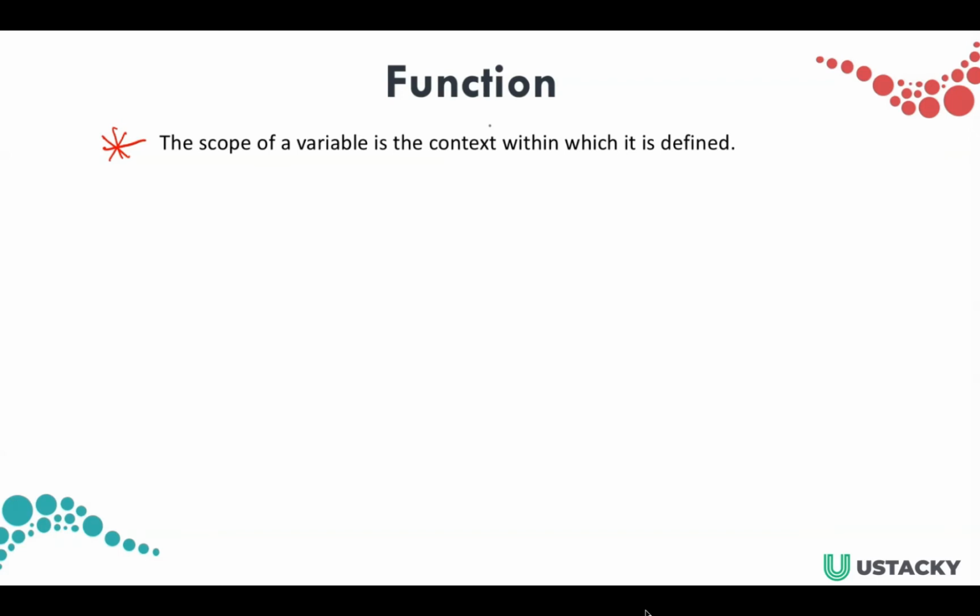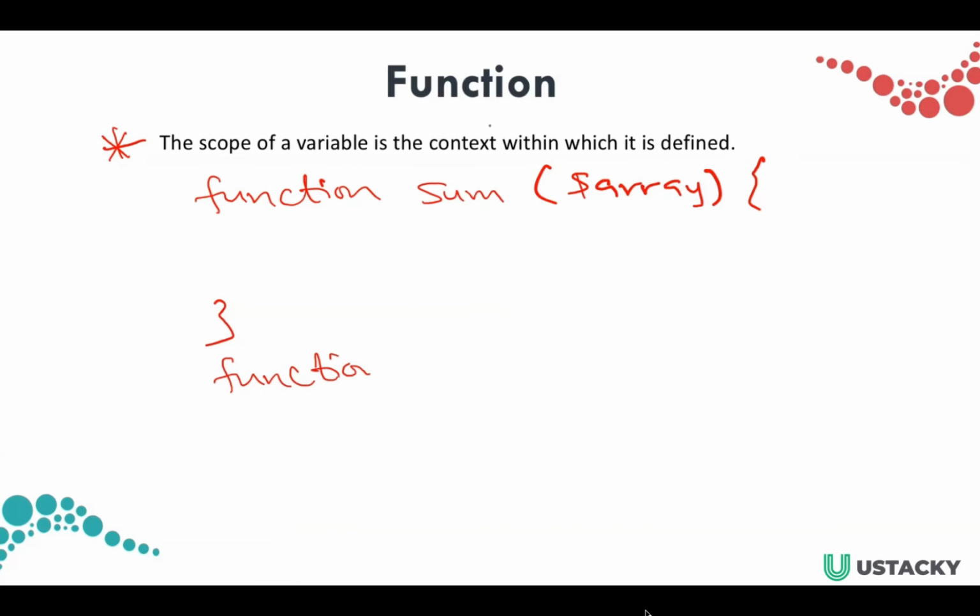For example, if you have a function, let's call it sum, that takes in a variable, this is $array, and it has its body. If you have another function, let's call it subtract, that also takes in an array, and this is the body of the function.